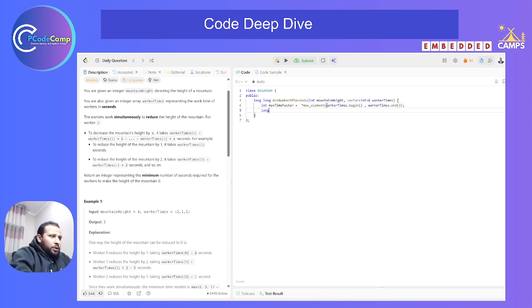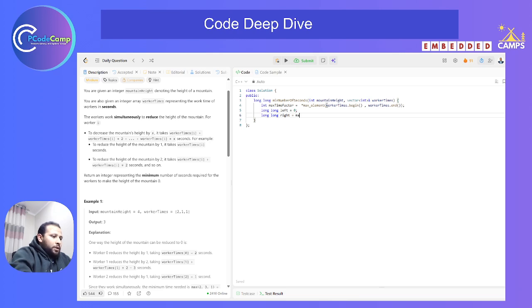Okay, so we can set binary search boundaries. Long left is 0, and long right will be max time factor multiplied by mountain height times mountain height plus 1, divided by 2. This is the equation, and don't worry about it.